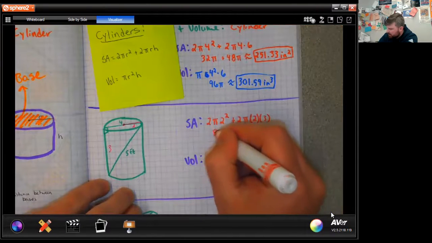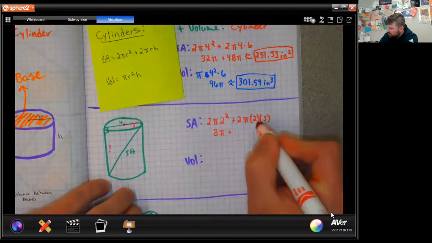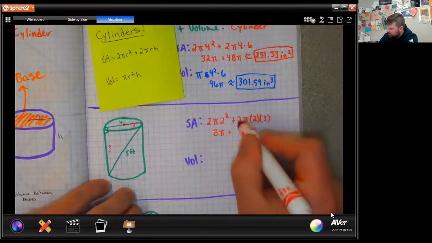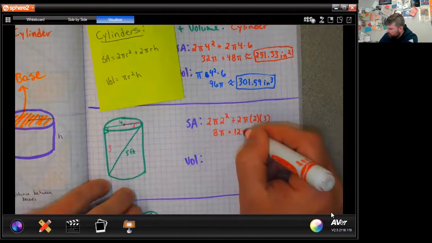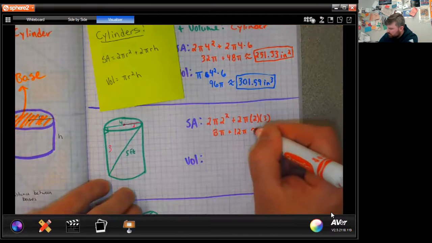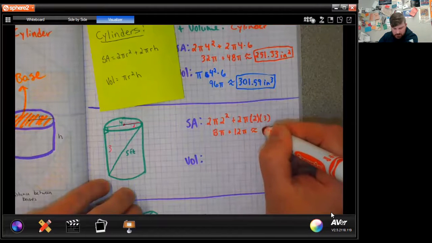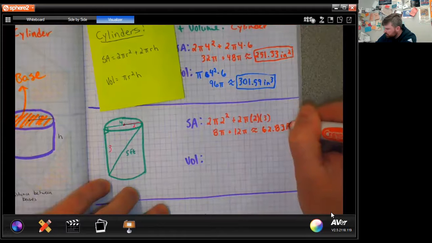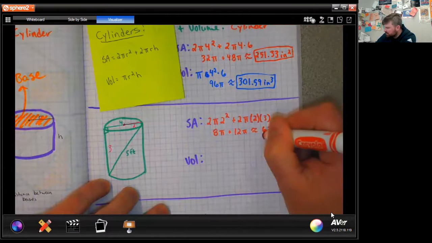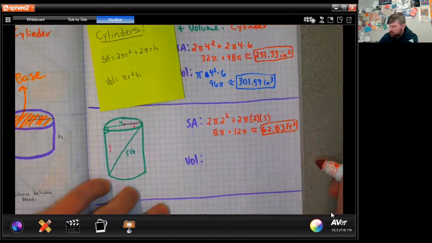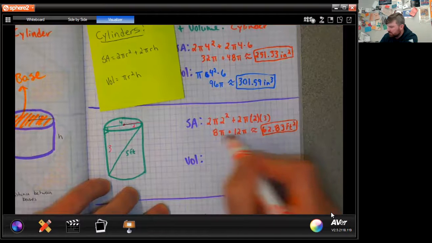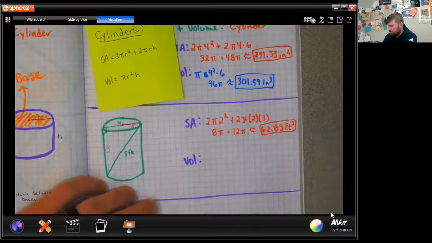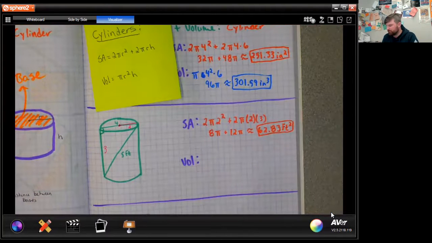So you have 8 pi plus 2 times 3 is 6. 6 times 2 is 12. 12 pi. And you will get about 62.83 feet squared. Sometimes they ask you to leave pi in it. So you would just add these two together and say 20 pi. Okay, sometimes they do, sometimes they don't.